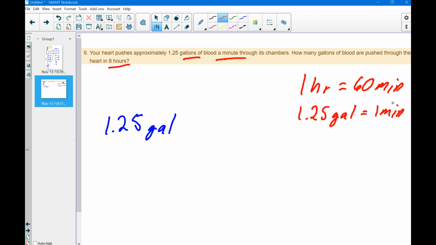These are like our equivalent statements right here. How do we convert that into 8 hours?